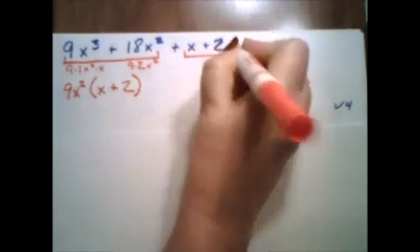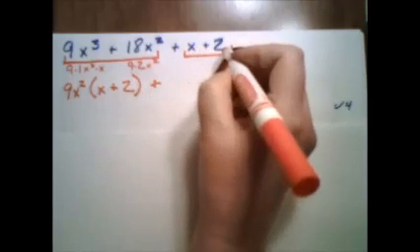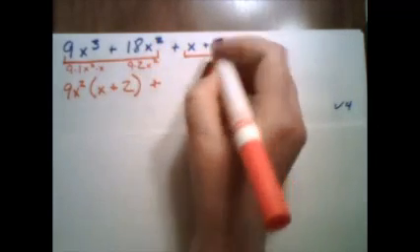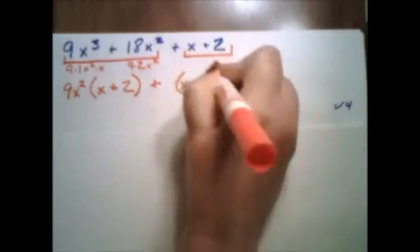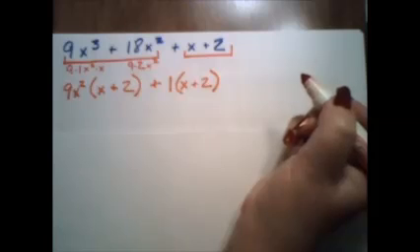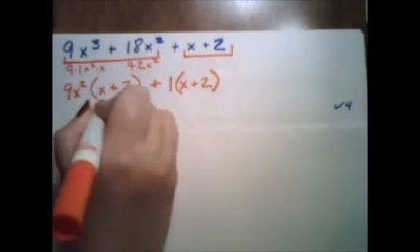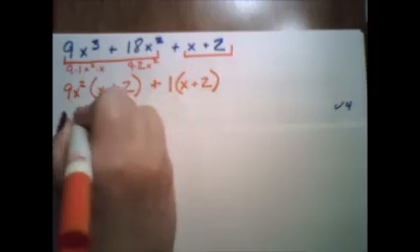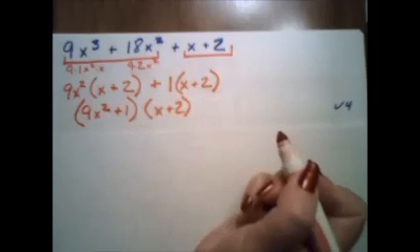Let's see about this. I'm going to put that plus sign here. Well, look, I've got an x plus 2. And if I want that to be a factor, I'm going to multiply it by 1. So now I can say 9x squared plus 1 times x plus 2 as my answer.